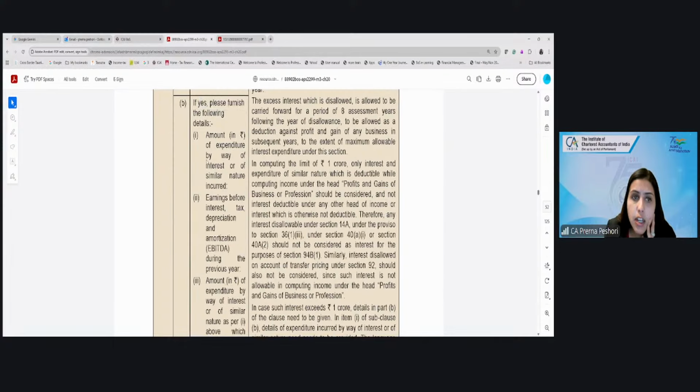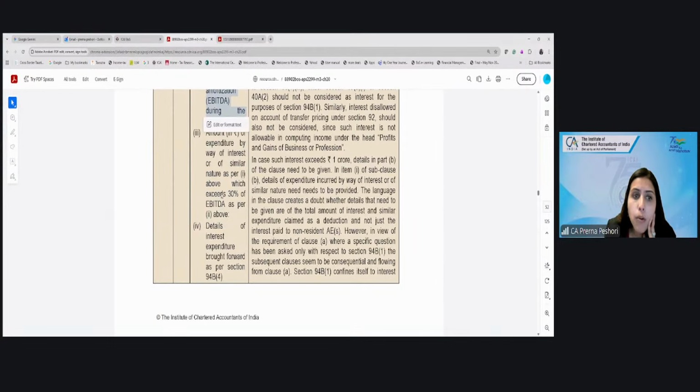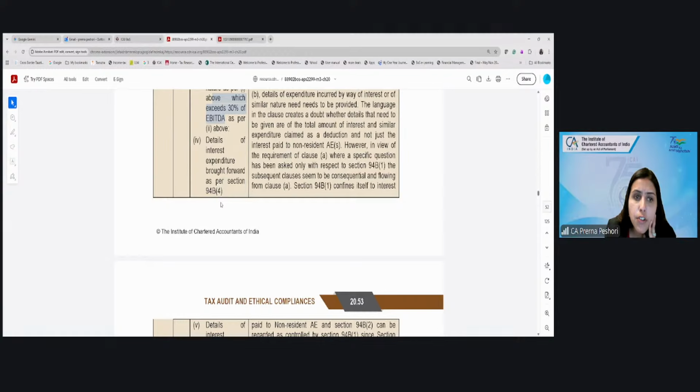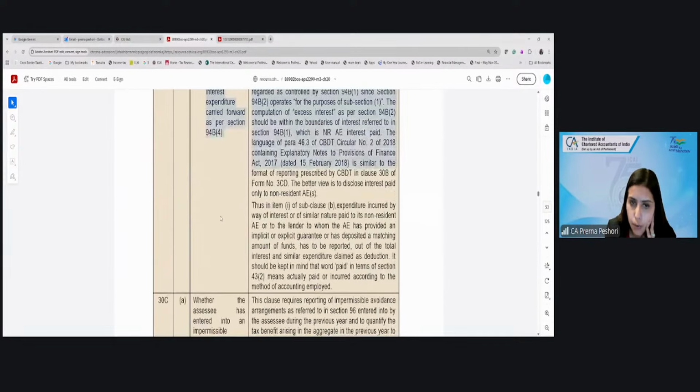If yes, furnish the amount of interest expenditure incurred. What are the earnings before income tax, depreciation and amortization during the previous year? Amount of expenditure by way of interest as per above, which exceeds 30% of EBITDA. Details of interest expenditure brought forward and details of interest expenditure carried forward.